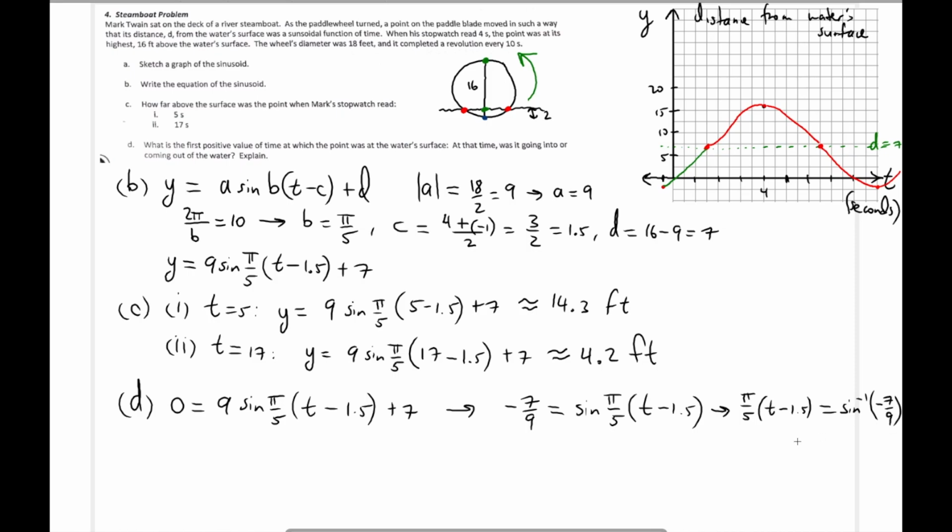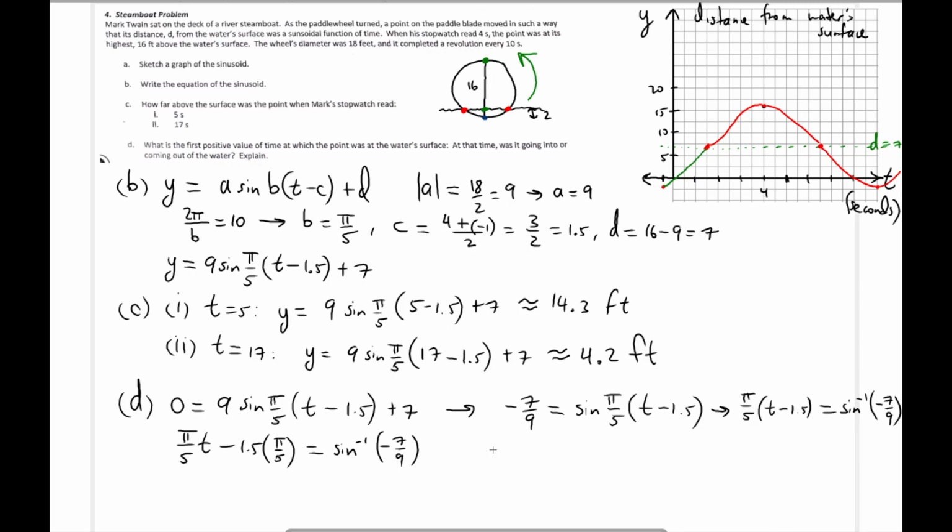Okay? So now we just have to distribute this. Pi over 5 times t minus 1.5 is set equal to arc sine of negative 7 over 9.